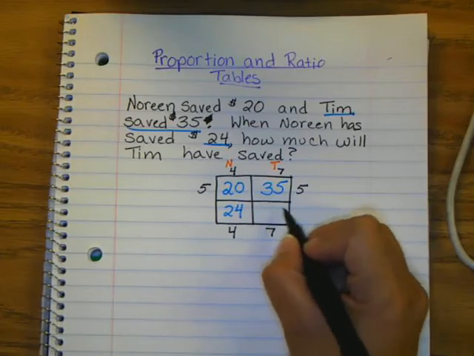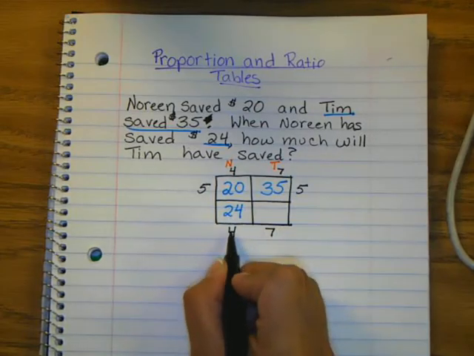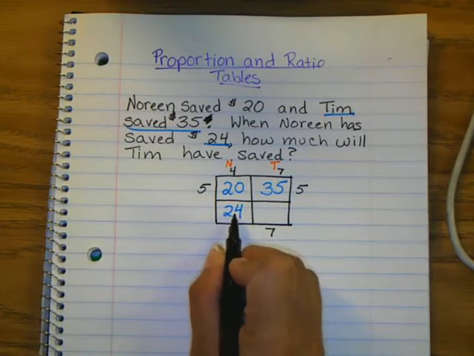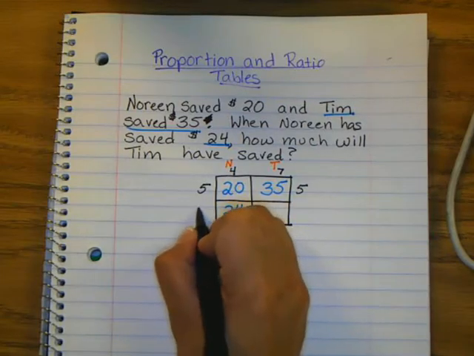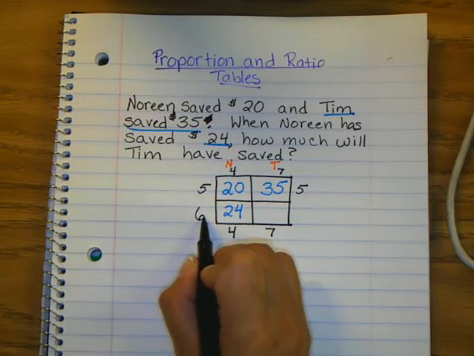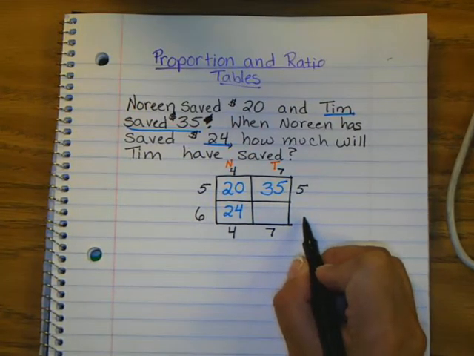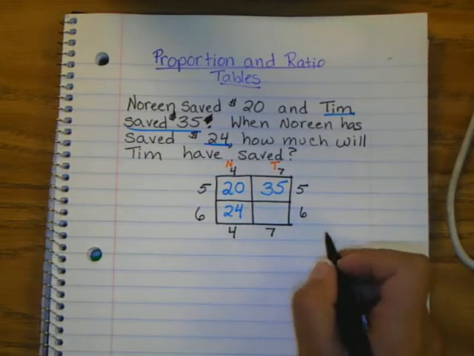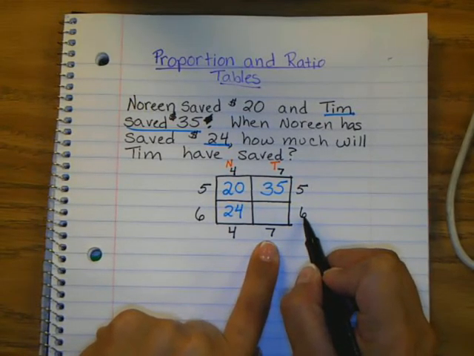Now I've got my 7 here. I still can't figure this one out, but I have one clue here. So 4 times what is 24? 6. So if I have a 6 here, what do I have to have over here? A 6.